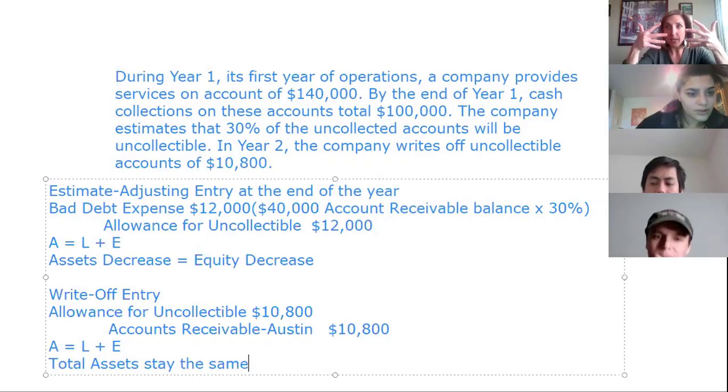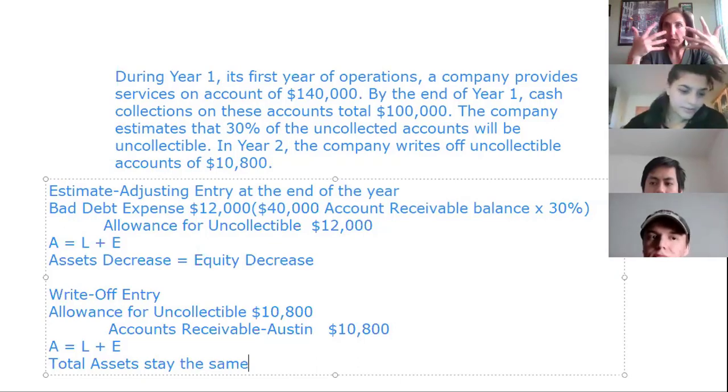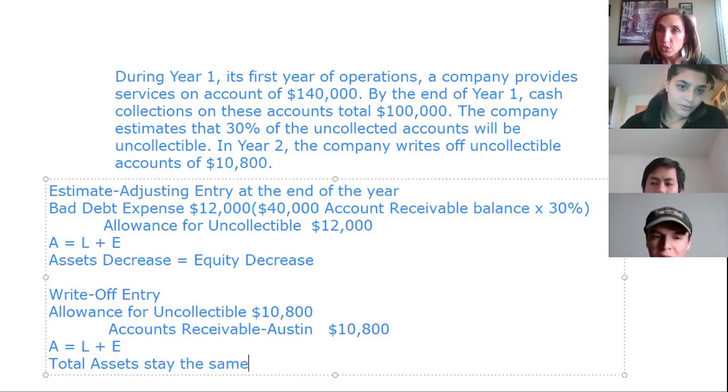And when they happen, they need to be recorded in the same month, quarter, or year if they have a relationship with each other. I would never have bad debt expense if I didn't have revenue on account, right? They are related to each other. So I already posted the decrease to my equity back in the first year. Then when I have to write something off, it's no big deal. It has no effect. I already accounted for it. Its impact already happened in the same year as the revenue.